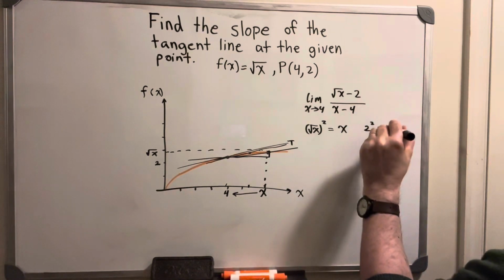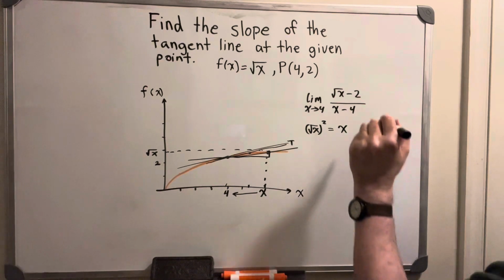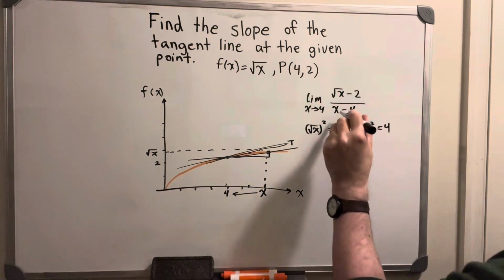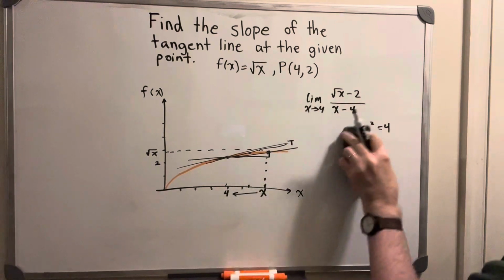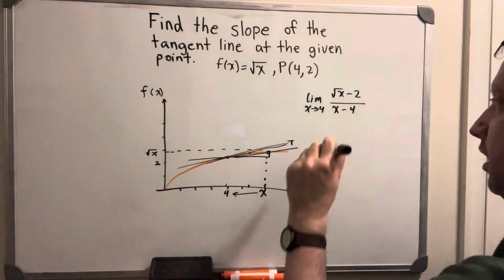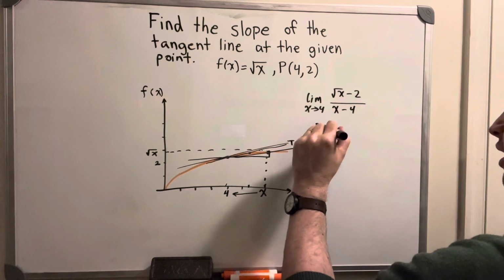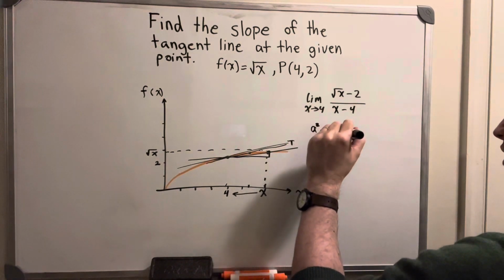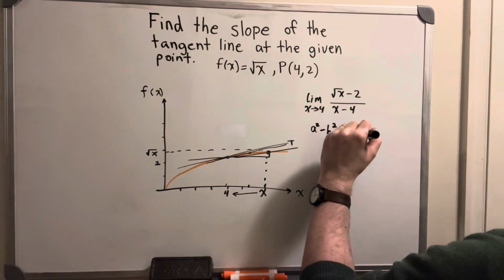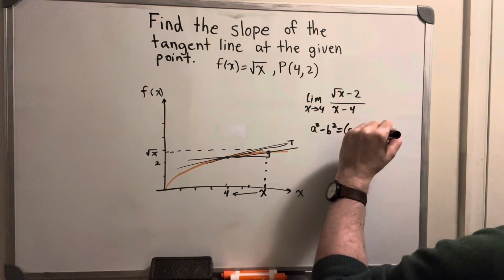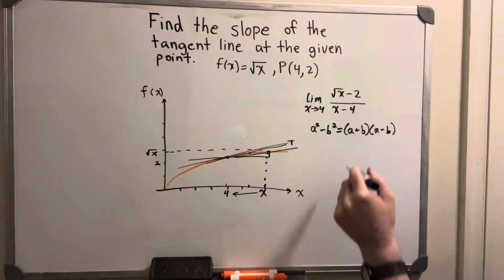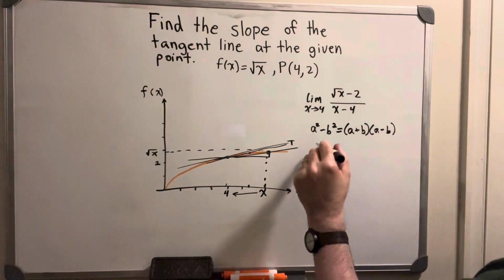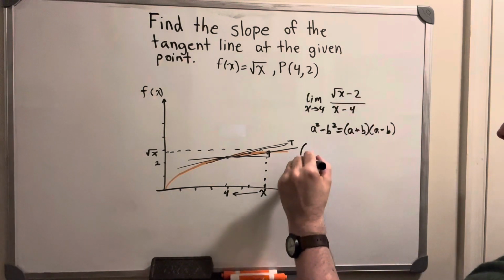It's 4. So, I said the difference of squares formula: a squared minus b squared is the same as a plus b times a minus b. Okay? Well, what if I wrote this?